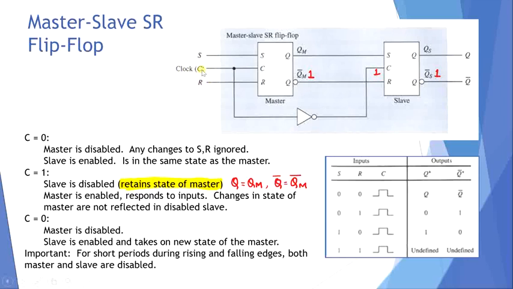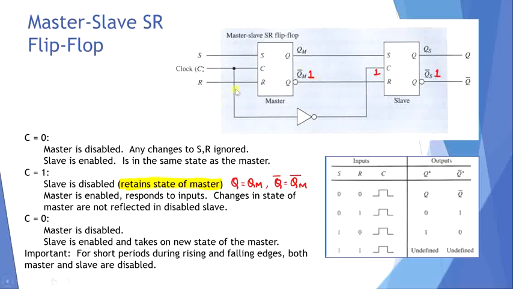The clock signal C is applied to the control input line. For the master-slave SR flip-flop, you have the control signal C being applied directly to the master, whereas it has been inverted and applied to the slave.